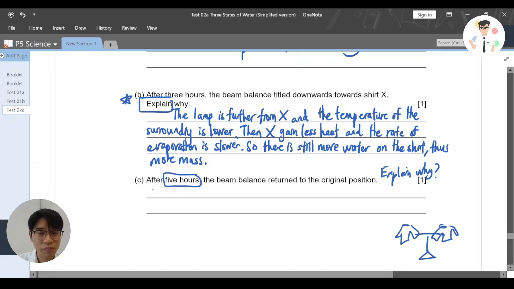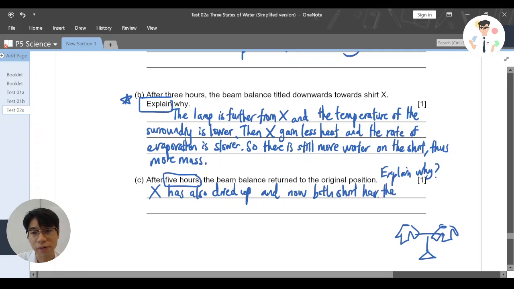You can say X has also dried up. And now both have the same mass. Means that now their mass is the same. That's why it goes back to the original position.